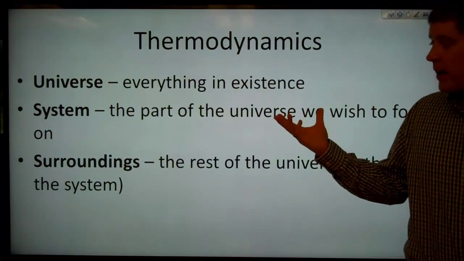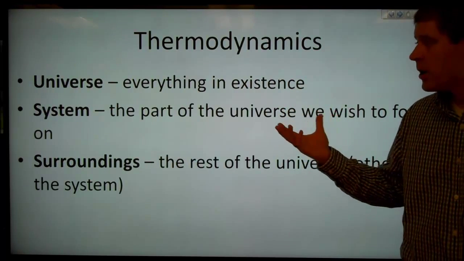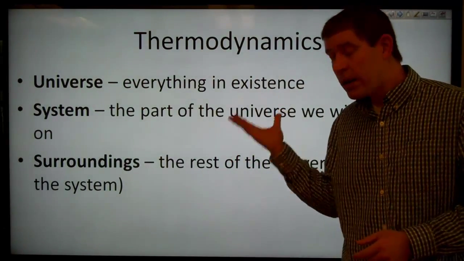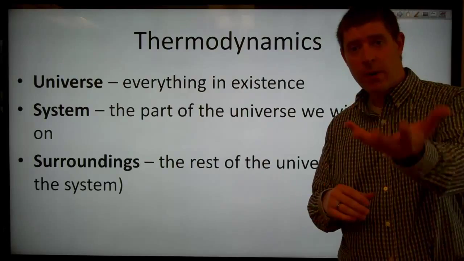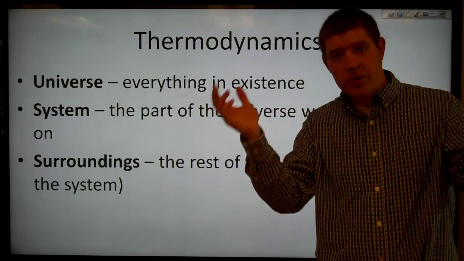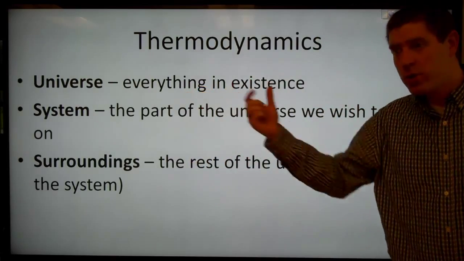So now let's look at some other terms that we need to know to look into thermodynamics. The universe is everything in existence. Me, you, my board here, my video camera, your computer, your phone, the Earth, stars, all the other galaxies. Everything in the universe is the universe.